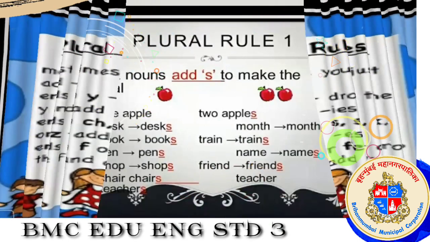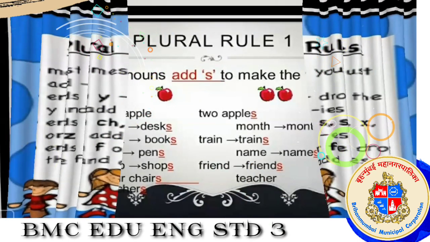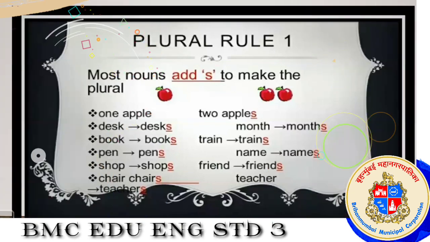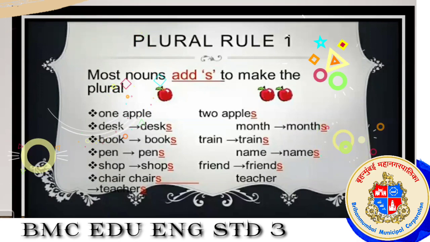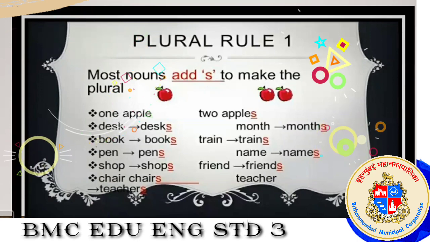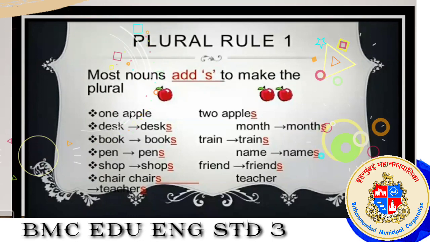So first plural rule. What does it say, see. Most nouns add S to make the plural. So for example, one apple, two apples. See, if you see the spelling of apple, A-double-P-L-E, in plural it becomes A-double-P-L-E-S.